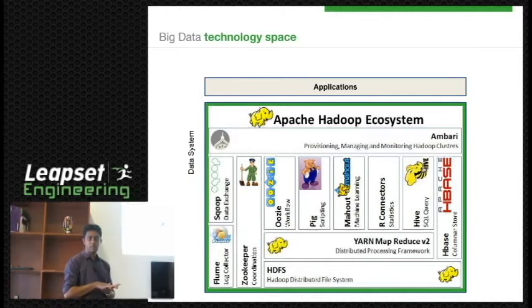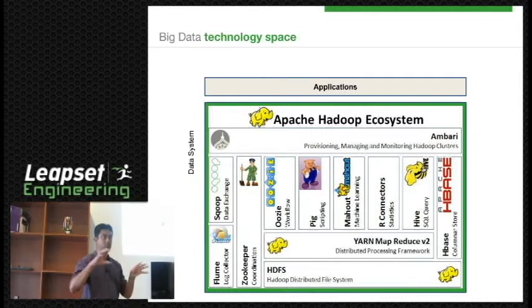So on top of that distributed file system, you have something called MapReduce. That's the technology that does all the magic, right? It allows us to do distributed processing across a very large cluster.